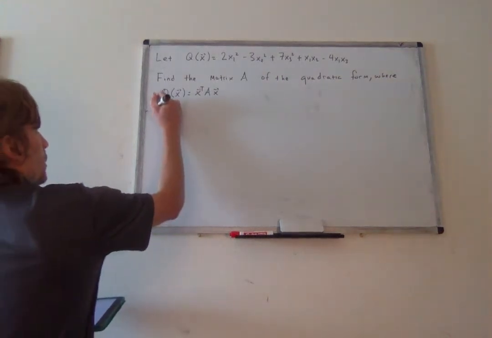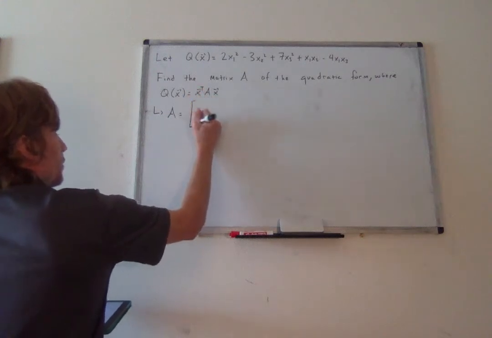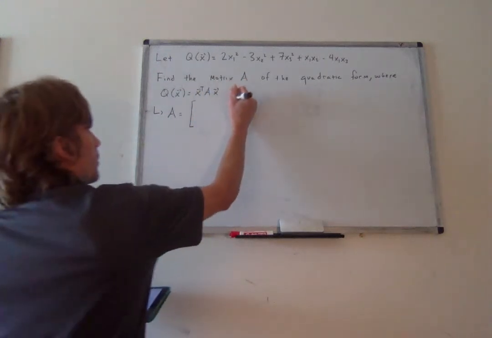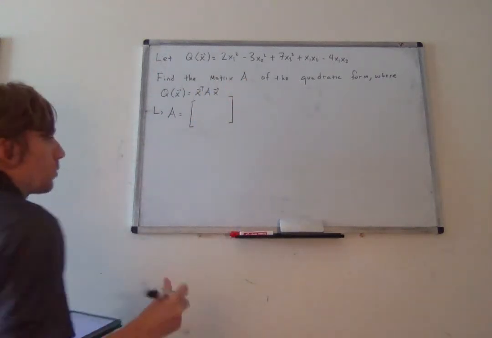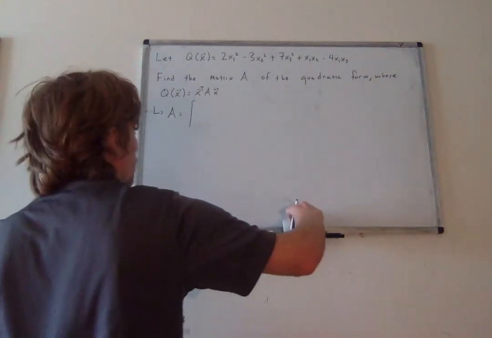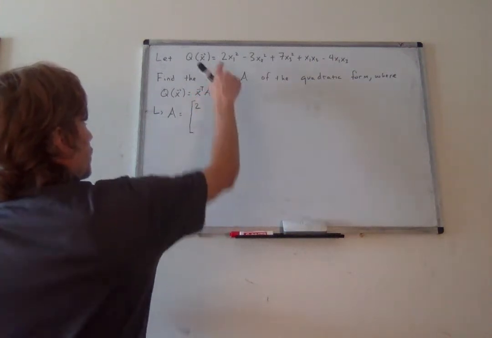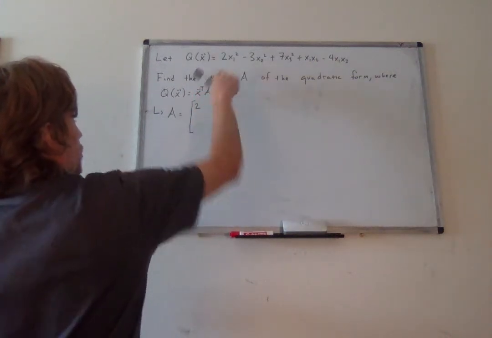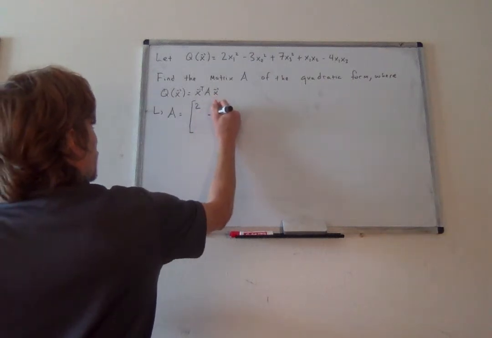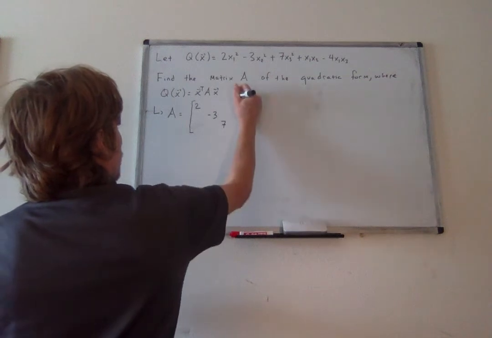This is really just a matter of working our way down either the matrix or the quadratic form, whichever order you want, and filling in the entries. So maybe I'll do diagonal entries first. The x1 squared term is 2, so that should go in the first diagonal entry. -3 should go in the second diagonal entry. 7 should go in the third.